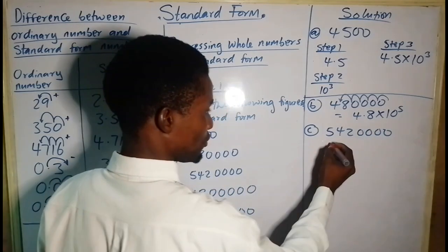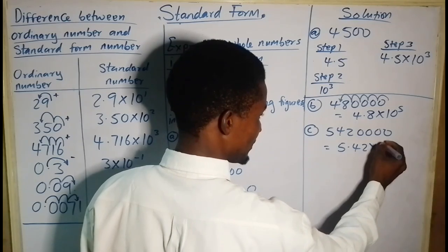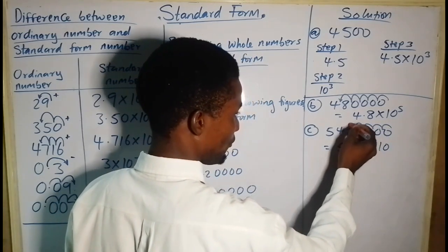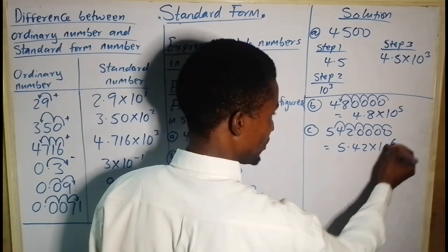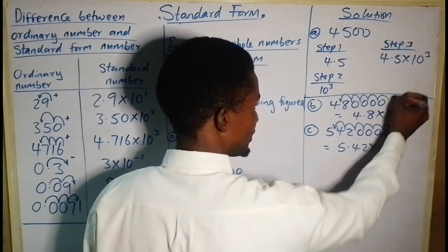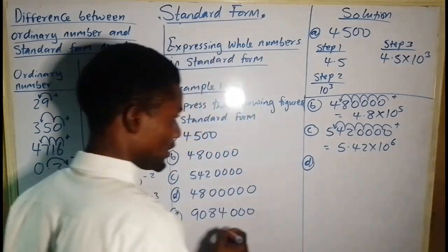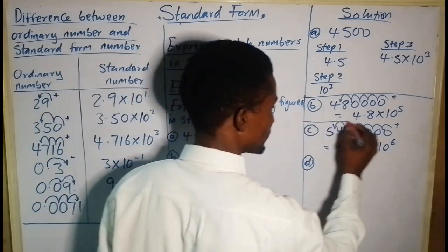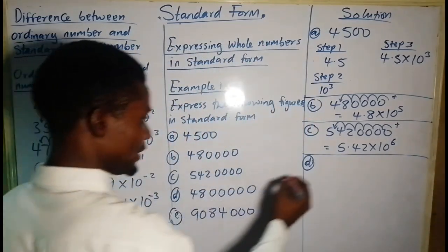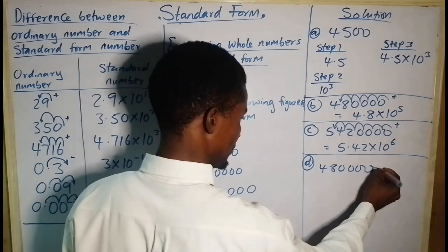The next one is 5420000. To express this, this will be 5.42 times 10 raised to the power, let's see, 1, 2, 3, 4, 5, 6. Times 10 raised to power 6. That's plus, because we are moving to the left. Now, the next one, which is D, is 4480000.